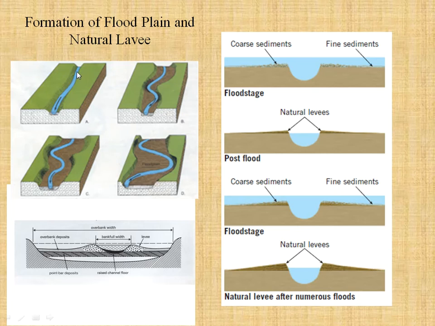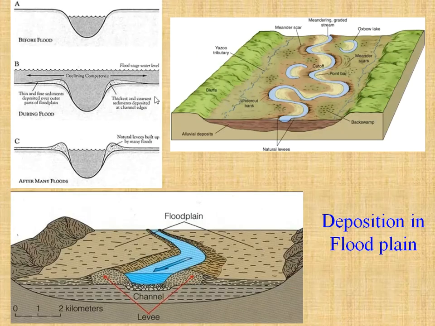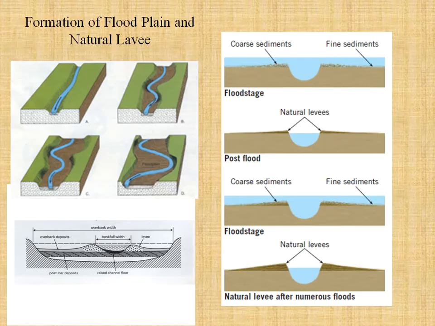During the floods you have higher discharge, so lateral erosion takes place, and the river leaves its straight course, it starts bending, and as it bends, the outer side will have more velocity, so it will keep on eroding this side as well as this side on the outer side, and sediments will start getting deposited on the inner side.